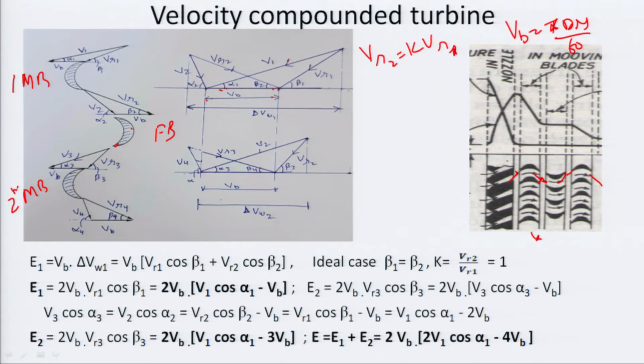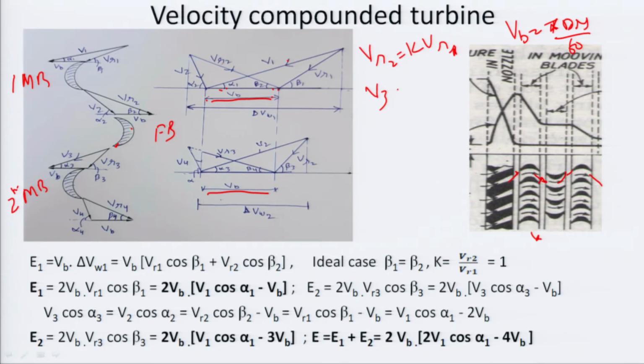At what angle it is entering this blade, and similarly we can draw the velocity diagram of the second stage, keeping in mind Vb is going to be the same for both of these. Only thing is V3 is what is entering the second stage of moving blade, V2 is here.